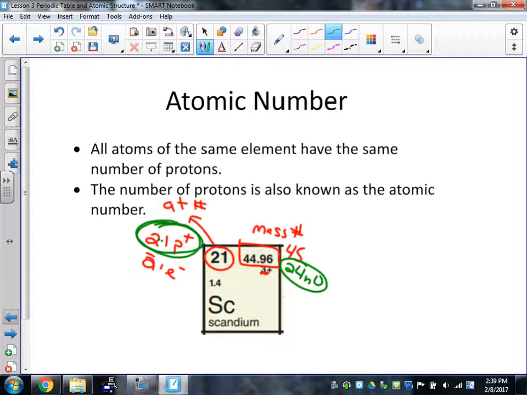Or basically the mass minus the protons. So 45 is the mass, minus the 21 protons gives me 24 neutrons.